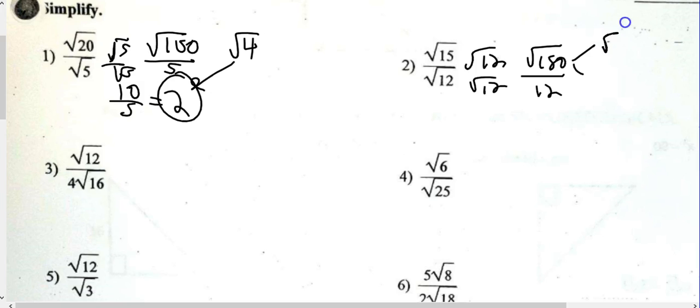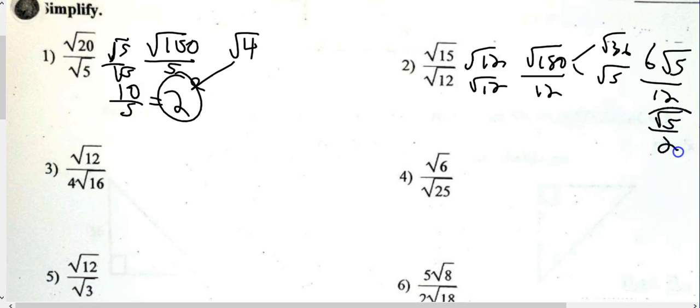And this breaks down to the square root of 36 times the square root of 5. So that means the top is the square root of 36, which is 6, times the square root of 5 over 12. And then that leads to the square root of 5 over 2. That's our answer.